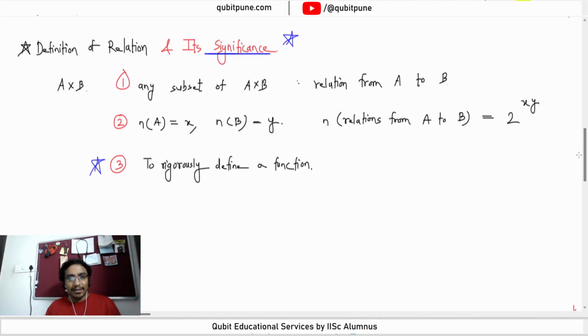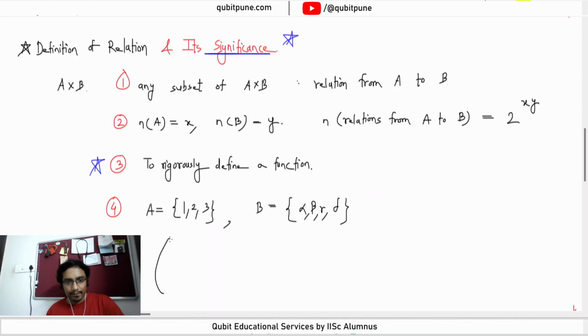Fine. So we will write this down. Let me give an example here. Suppose A is 1, 2, 3, and suppose B is alpha, beta, gamma, delta.